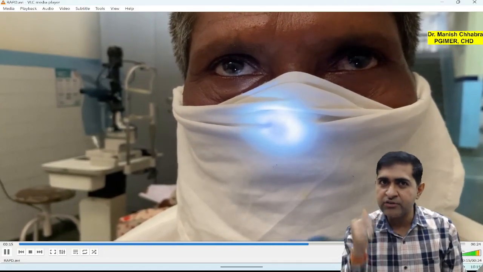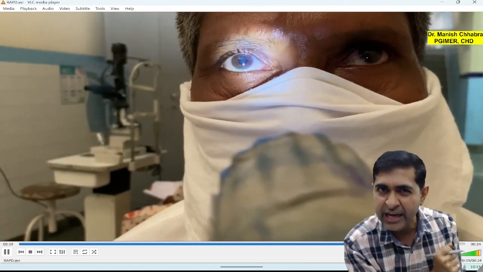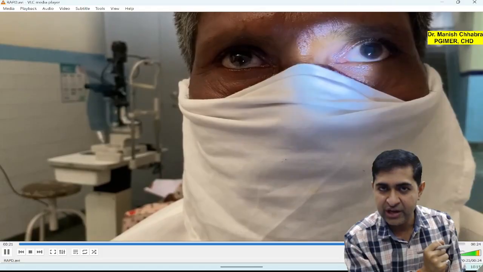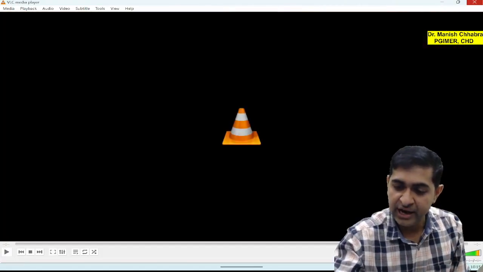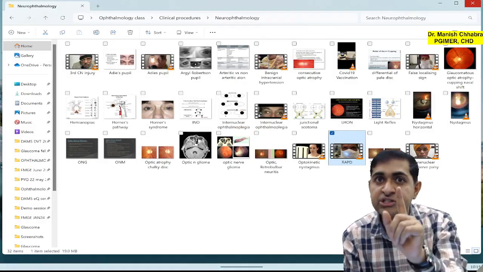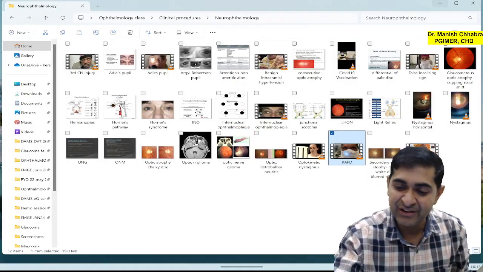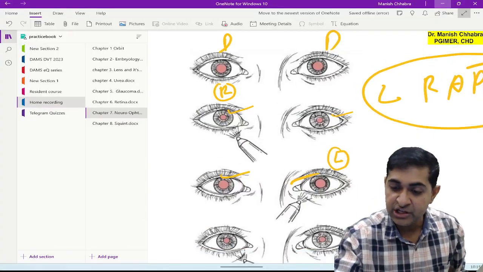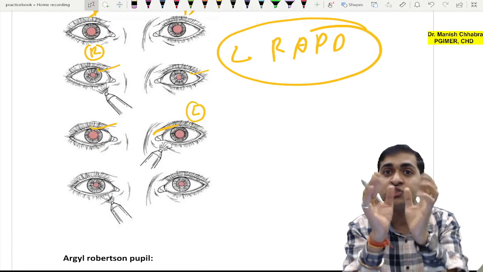Is it the optic nerve, is it the oculomotor nerve, or is it of the right side, is it of the left side? Check this out again. Okay, all right. So boys and girls, this is due to involvement of the left optic nerve. So the left optic nerve is involved in the patient which I just showed you.